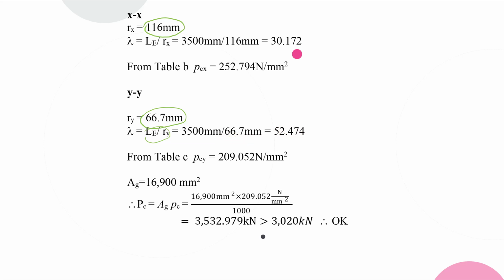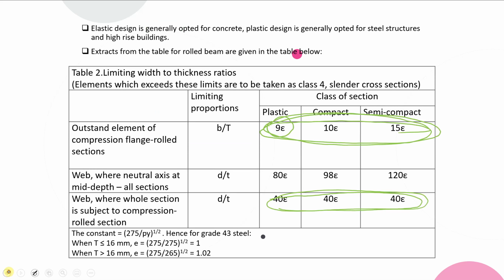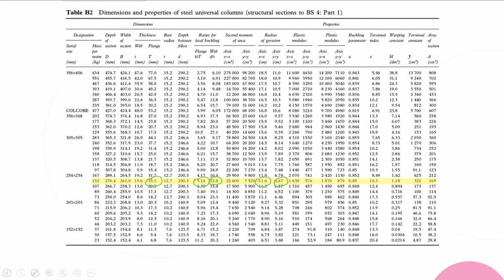And then we need to see which table to use to get the compressive strength. Which table to refer to: curve A, curve B, curve C, or curve D. Okay, we have so many tables. How are we going to check that? We look at the value of T. For our section here it is 25.3.